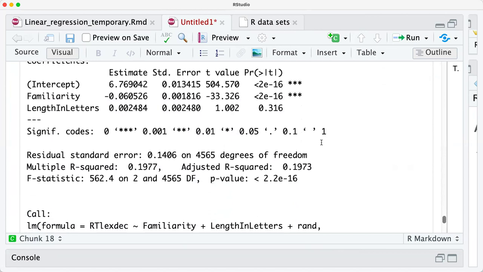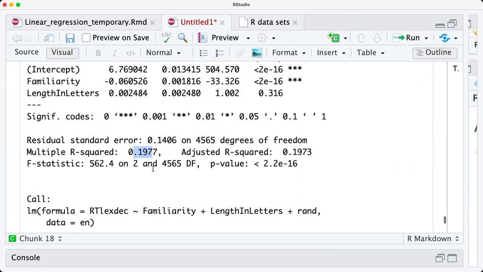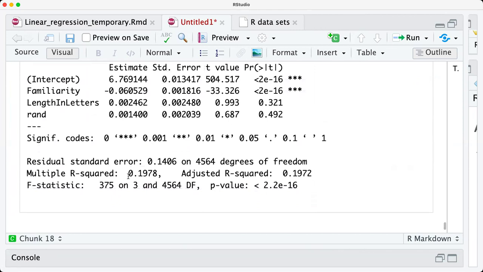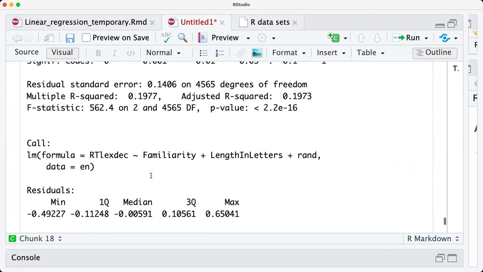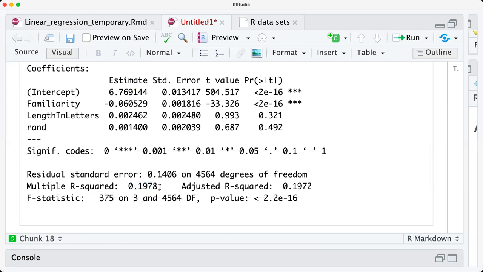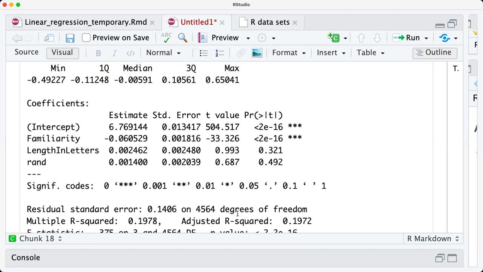Okay, the first model has an R squared of 19. Now I add a random predictor, and it will increase this R squared by a little, because this predictor will help explain the variance by chance.